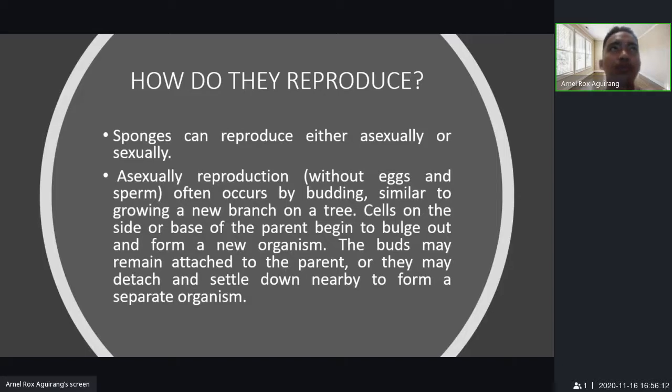So, like a hydra, it pops up from a parent cell and then grows into another organism.